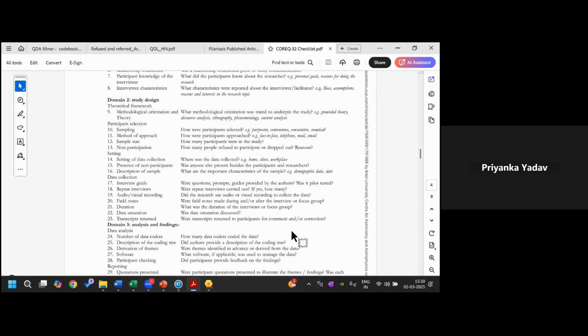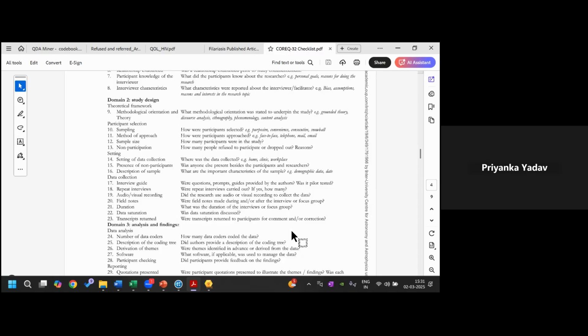In participant selection: sampling, method of approach, sample size, and non-participation. For sampling, how were the participants selected? Purposive, convenience, consecutive, snowball. Method of approach: how were participants approached? Face-to-face, via telephone or mail. Sample size: how many participants were in the study? Non-participation: how many people refused to participate or dropped out, and what were the reasons?